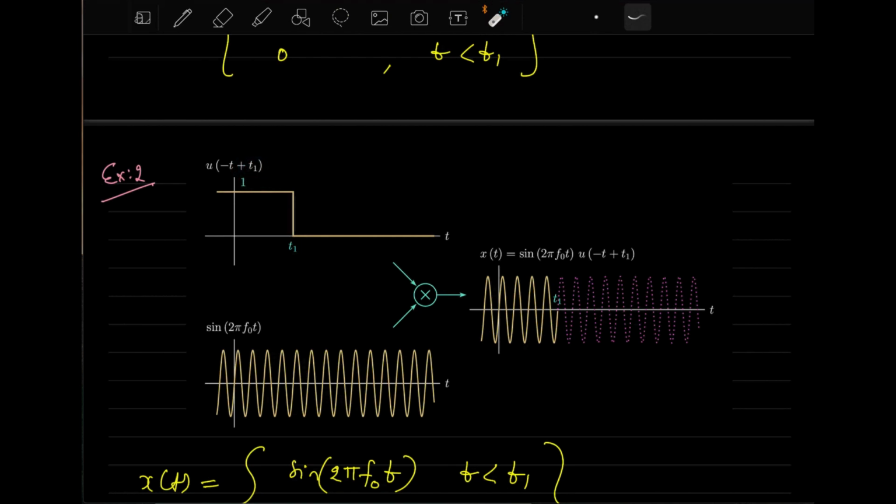So you can see that the signal will become like this, and when multiplied with this particular signal, which is running throughout from minus infinity to infinity, it becomes 0 at time t equal to t1. So it turns off. This way you can see how signals are turned on and turned off if you operate with these types of unit step functions. Their use is in some way or the other in control systems, so you can make use of it that way.